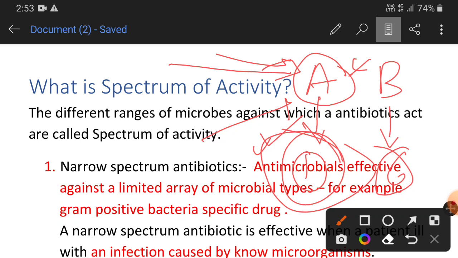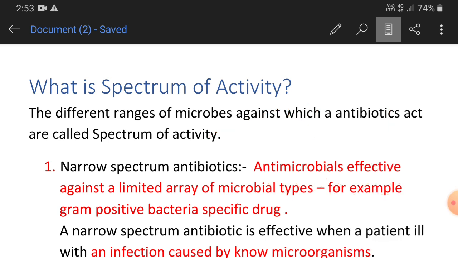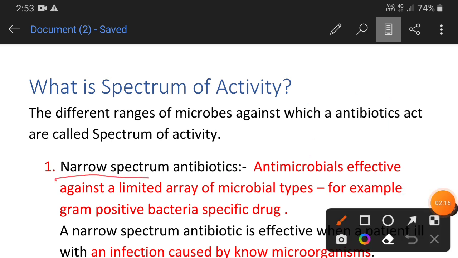This kind of antibiotic is mainly used when you know which microorganism is responsible for the infection in the patient. It is often recommended to use this kind of antibiotic only when you are sure that that microorganism is responsible for that particular type of infection.